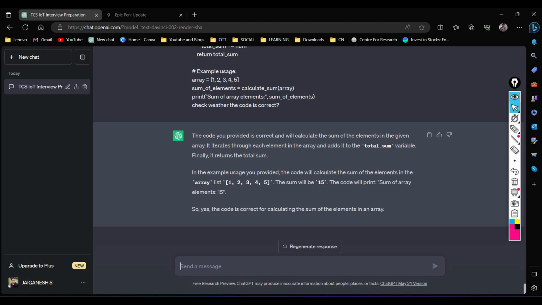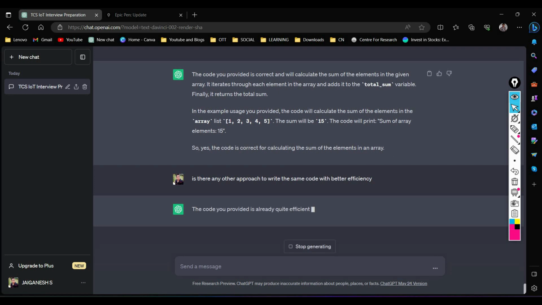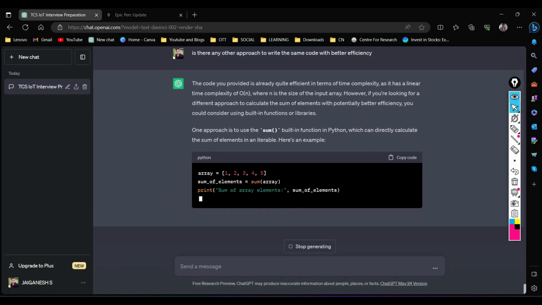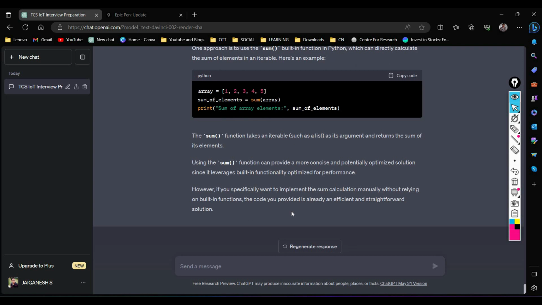So the prompt goes like this: is there any other approach to write the same code with better efficiency? You can always ask ChatGPT if there is any other approach or perspective to write the same code.